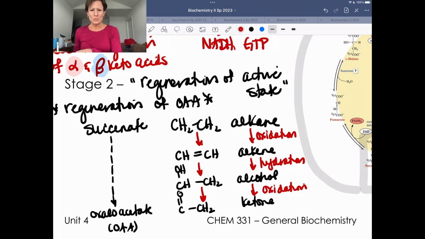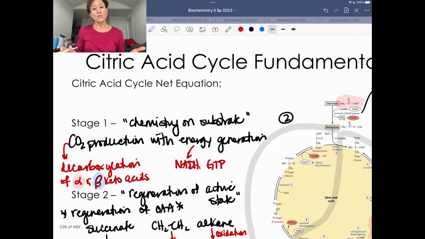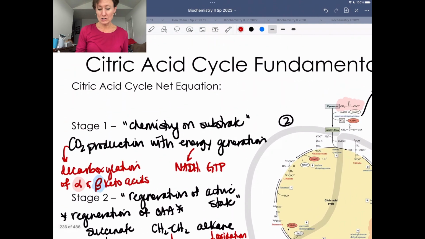All right, so before we dive into the details of this cyclic pathway, let's remind ourselves what the overall chemistry is. And this is a long equation, so I'm going to have it written as substrates on top, products on the bottom. And again, connecting substrates that become products is a nice way to remember the chemistry that happens.